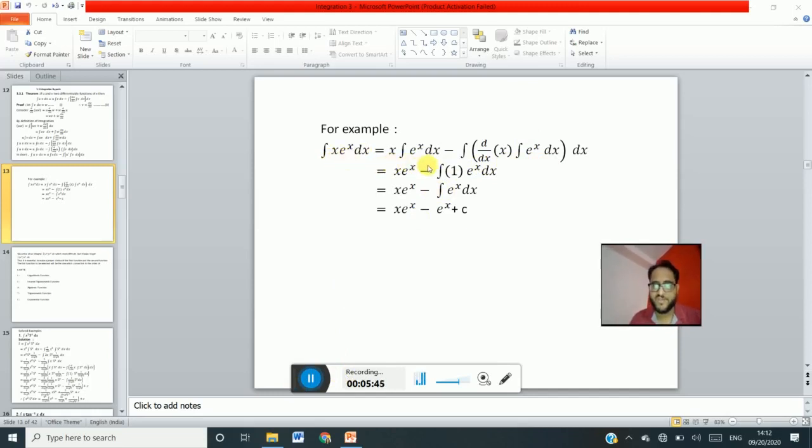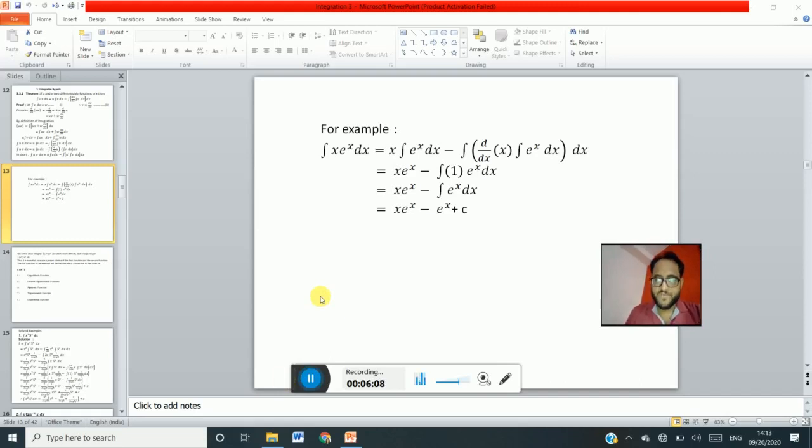So first into integration of second minus integration of derivative of x into integration of second, right? So x into integration of e to the power x is e to the power x, minus integration of derivative of x, which is 1, and integration of e to the power x is e to the power x, right? Again, integration of e to the power x is e to the power x plus c, where c is the constant of integration. So this should be the final answer here, right?